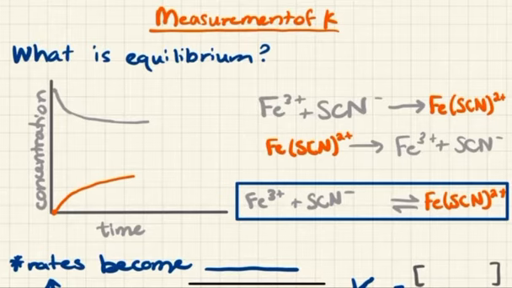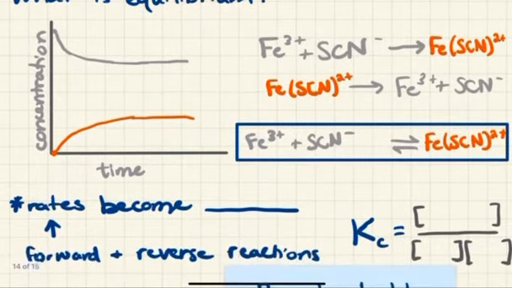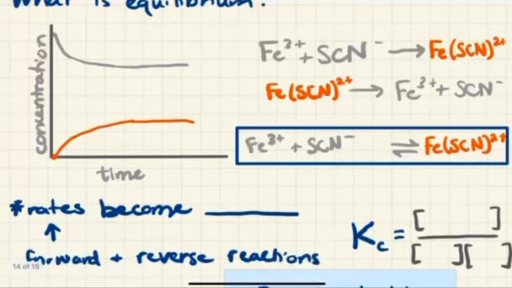And they'll reach a point where both reactants and products level off in their overall concentrations. And that is because we've reached a state where the forward and the reverse rates of the reactions have become equal.